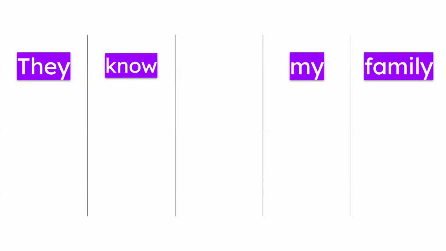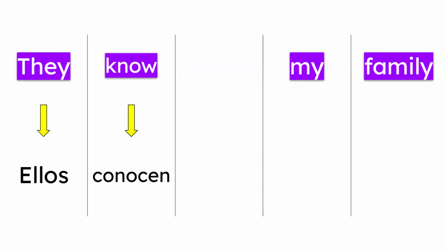Okay, next sentence. They know my family. We are very close, so they know my family. Again, my family here is a person or a group of people, right? So we need to use the verb saber or conocer. That's right, conocer. So the sentence goes, ellos conocen, and now I know what you need to do, right? You need to introduce a. Perfect.